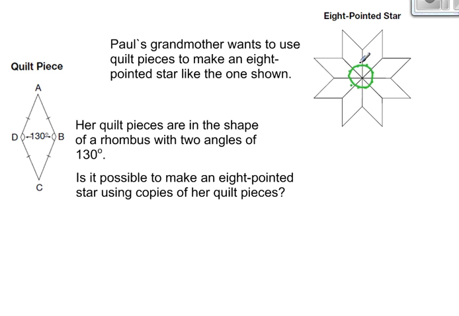So if I have a circle and I've cut it into 8 pieces, and that's exactly what this diagram suggests, that I have a circle and I've cut it evenly into 8 wedges. 1, 2, 3, 4, 5, 6, 7, 8. So how many degrees should each of those wedges be?